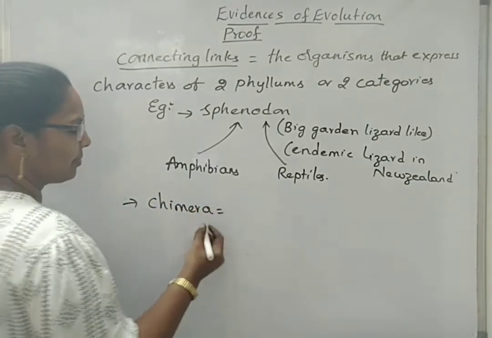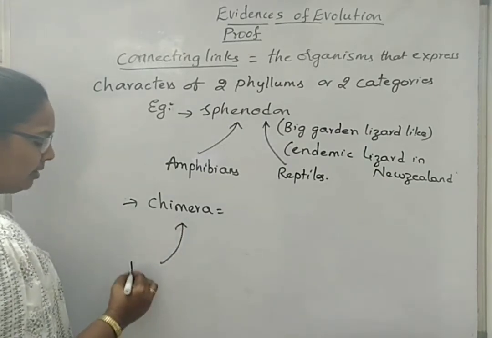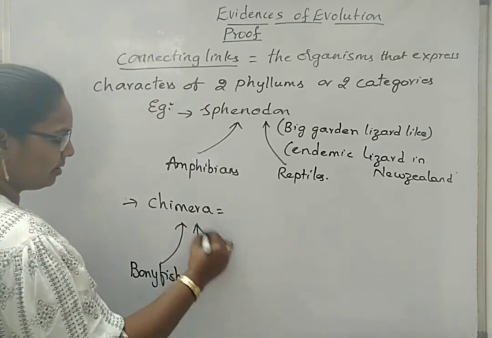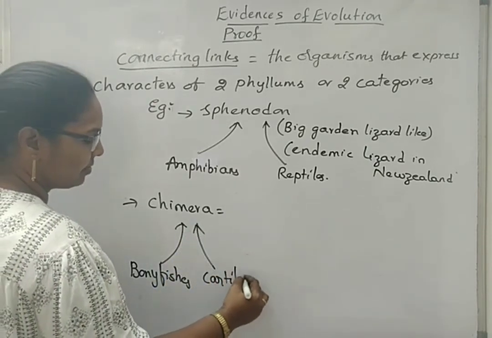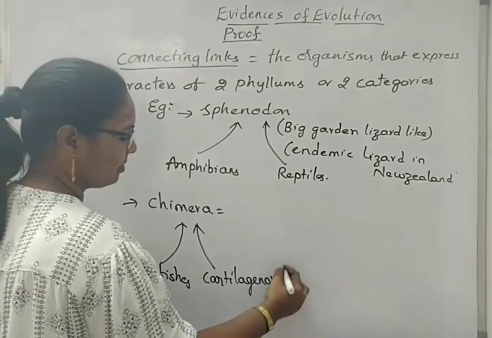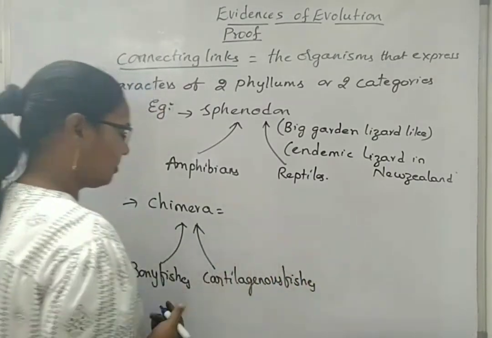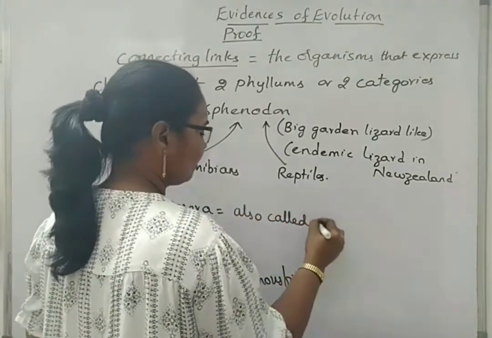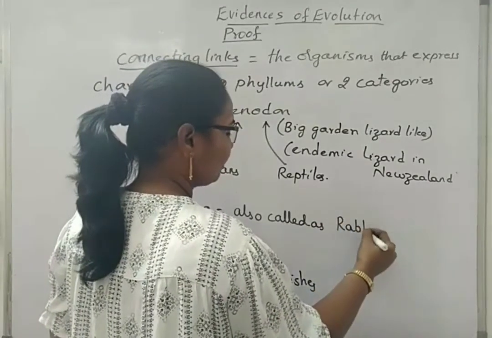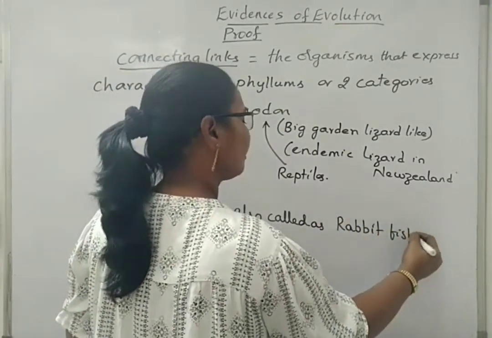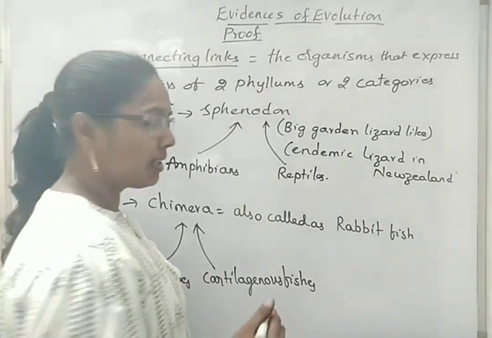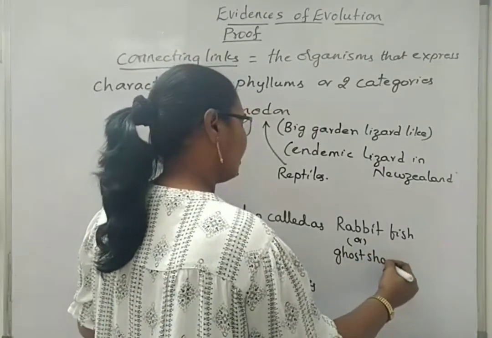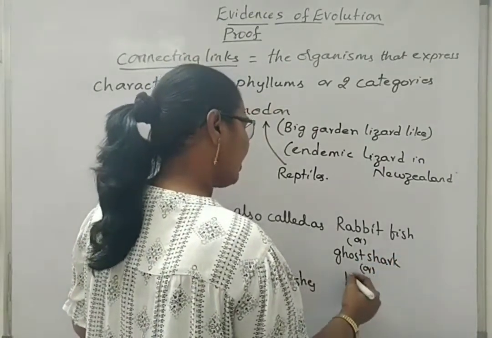Chimaera is also called rabbit fish, ghost shark, or ratfish.